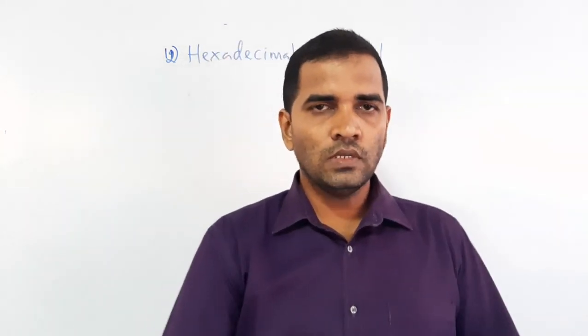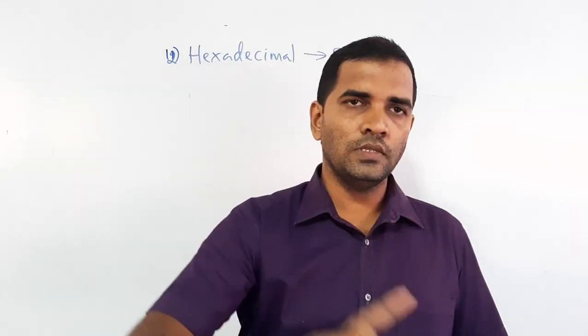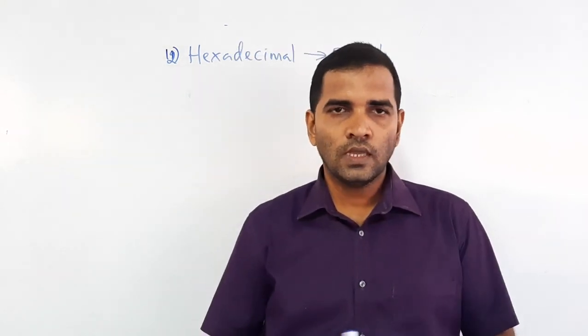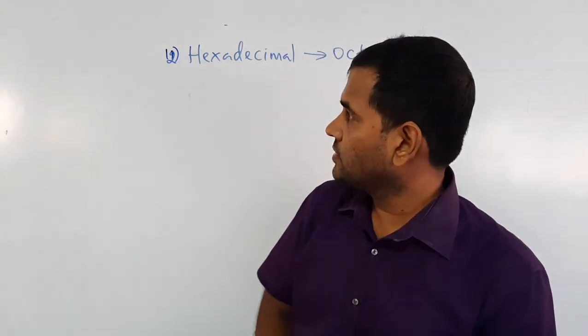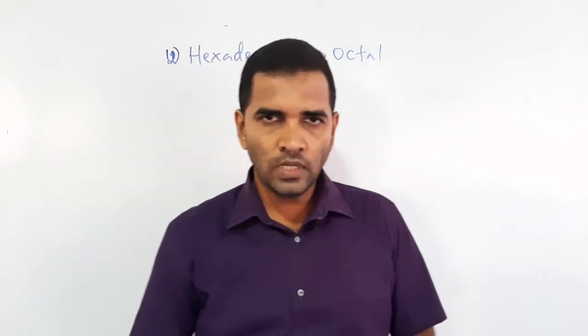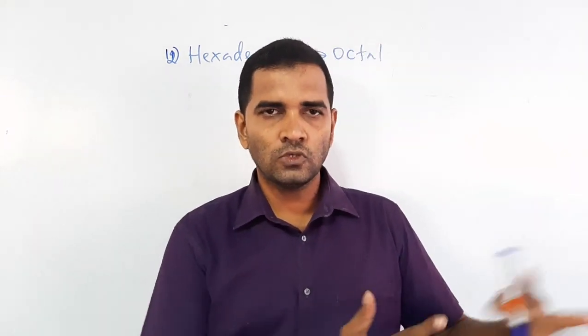In the previous conversion, I told you that there is no method for converting an octal number to hexadecimal directly. Here also things are the same. You cannot convert a hexadecimal number to octal directly. Since there is no direct conversion, you have two methods.